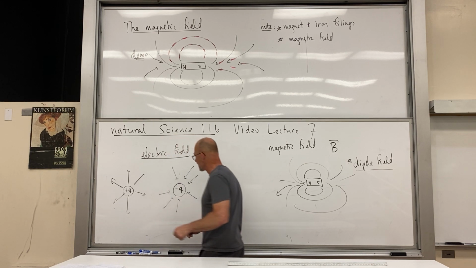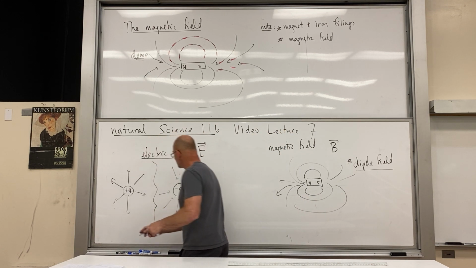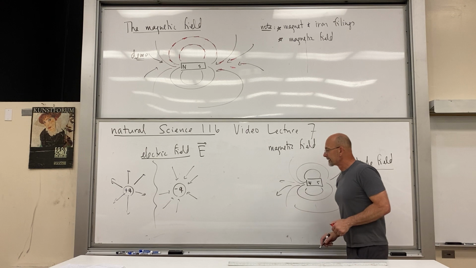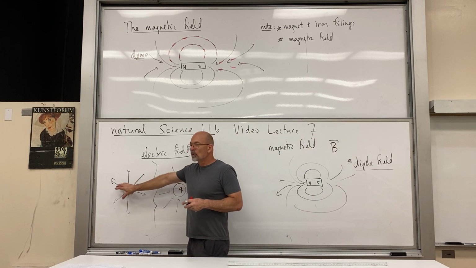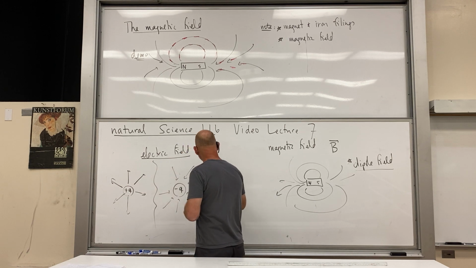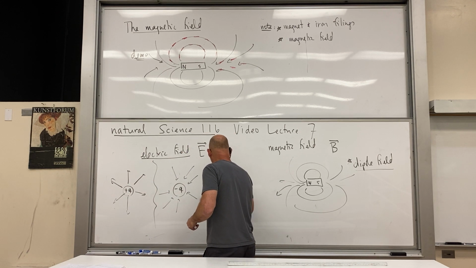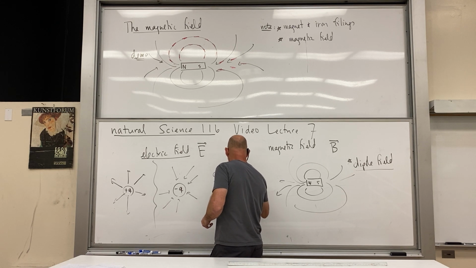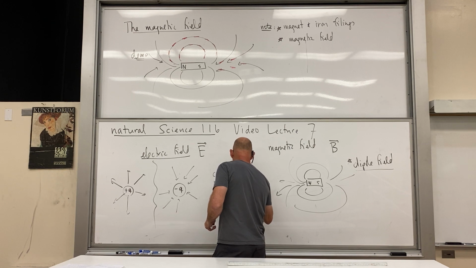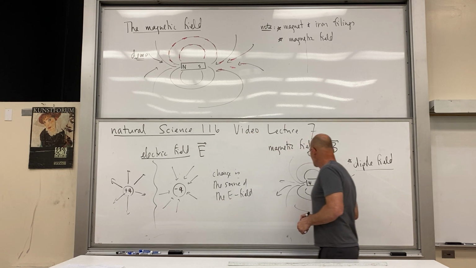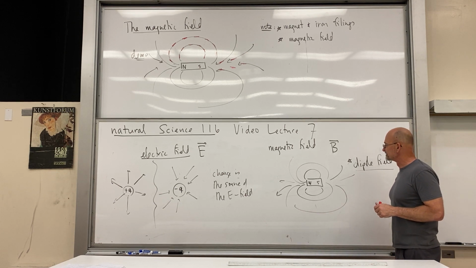Same with the opposite direction. And these are assumed to be separated. So we say the electric field actually has a source. The charge is the source of the E field. The magnetic field is a little different in those regards.